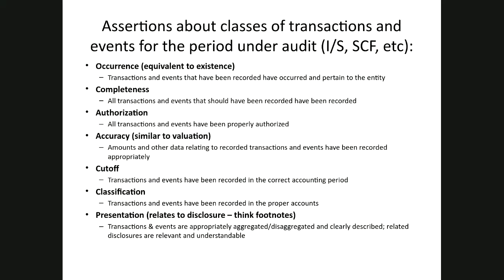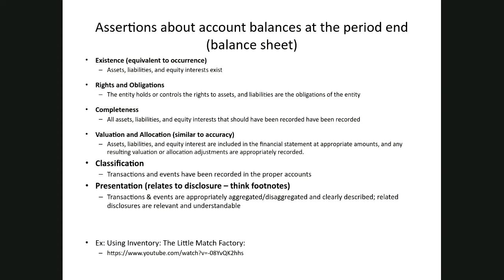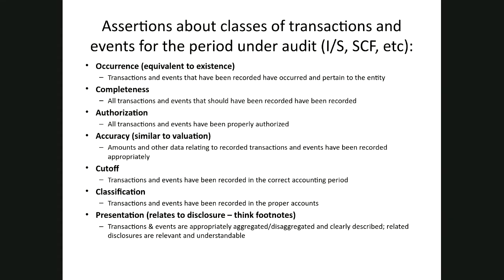Classification, right? We saw classification and presentation back here. So we're just seeing the same two again. So this is transactions and events have been recorded in the proper accounts, right? So from a class of transactions perspective, for an example, we want to make sure things like specific expenses are properly classified as SG&A versus COGS.